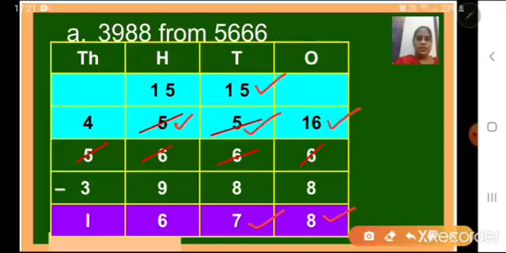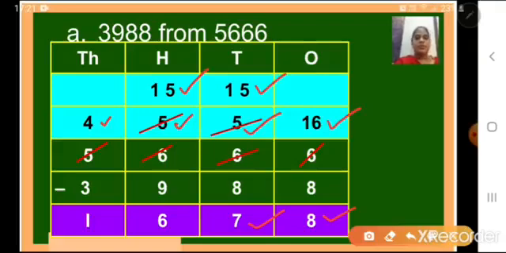Moving towards hundreds place, we have number 5. 5 minus 9 again is not possible. So 5 will go to this 5 in thousands place and borrow. 5 minus 1 is 4. So I am going to write here number 4. Okay. And this 5 will become 15.